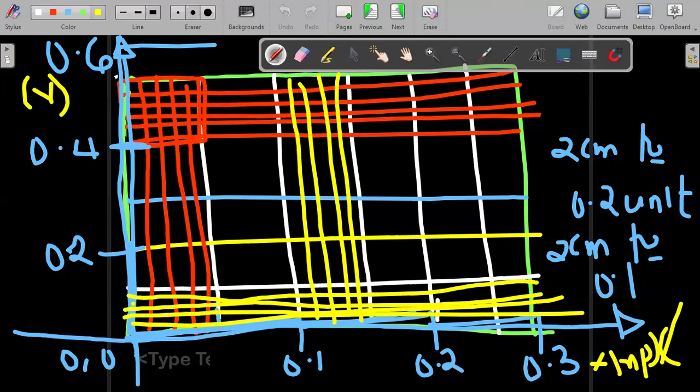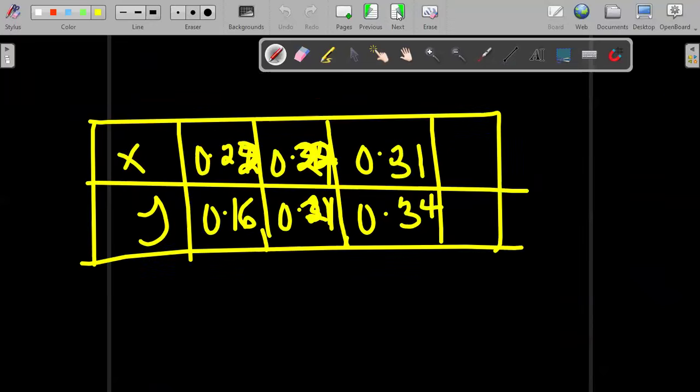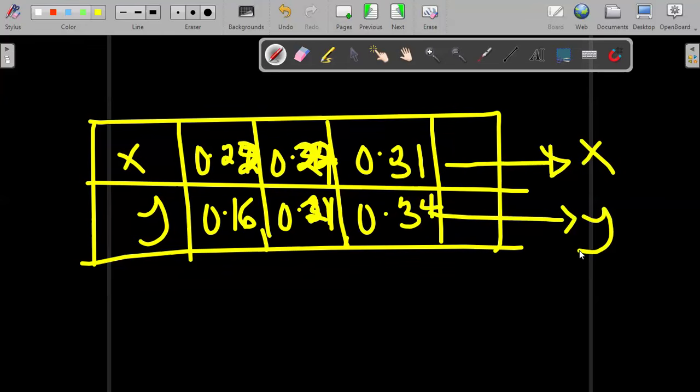So how do you count? The question is now, how do we count the 0.22, 0.24, 0.31 on the x? How do we count this on the x? How do we count this on the y? Let me tell you something. Let me make it as simple as it is, with some touch of reality.